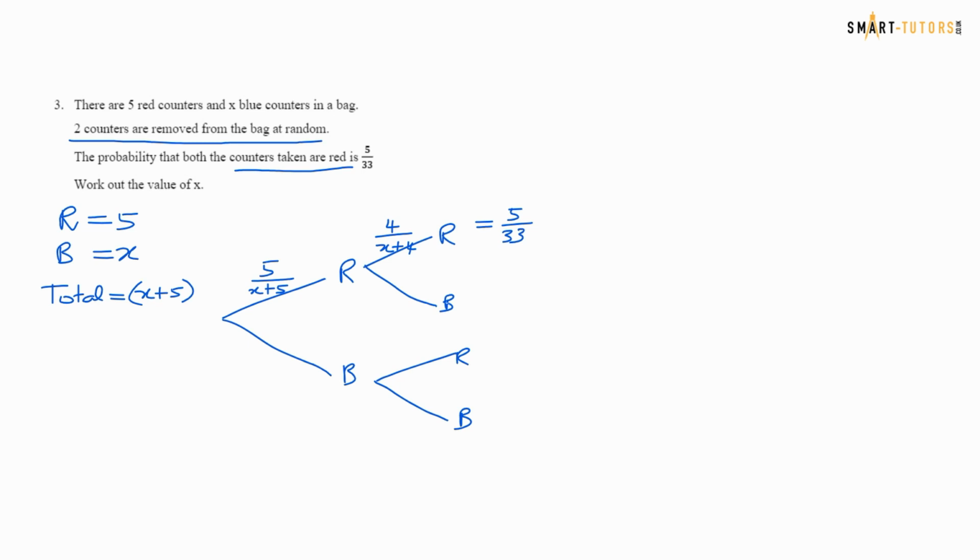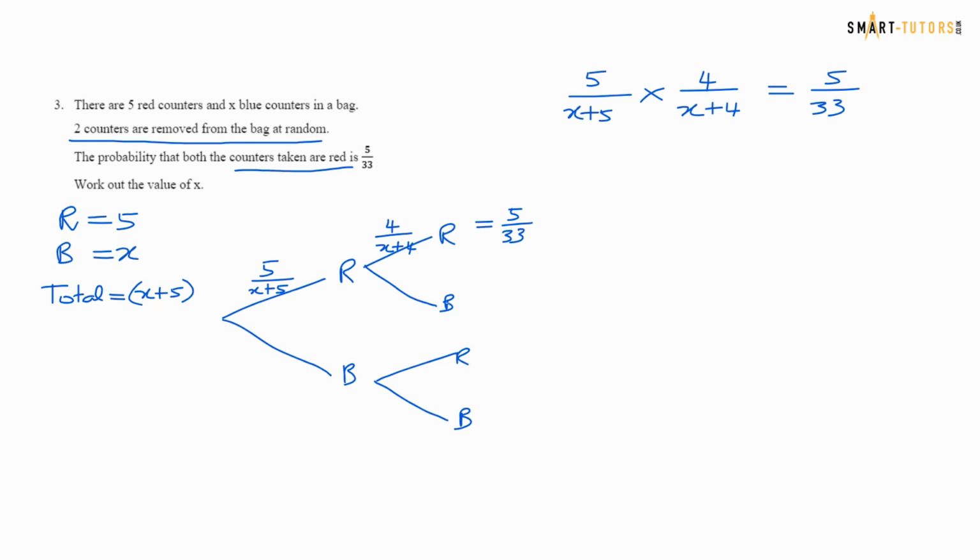Let's move on to the multiplication. So 5 over x plus 5 times 4 over x plus 4 equals 5 over 33. As I said before, this is where people get stuck and don't know how to proceed.